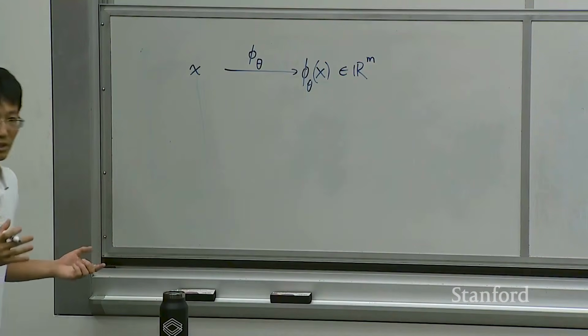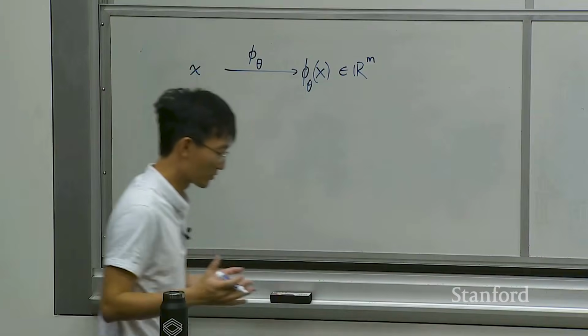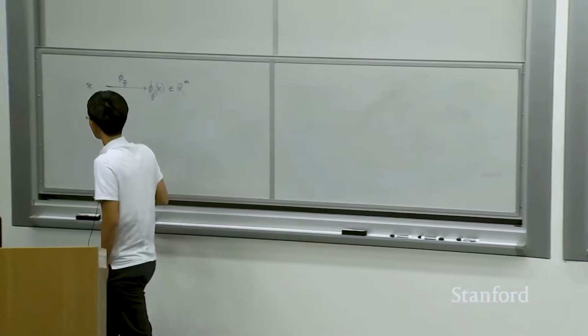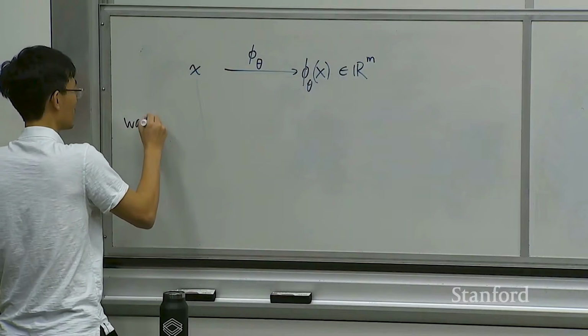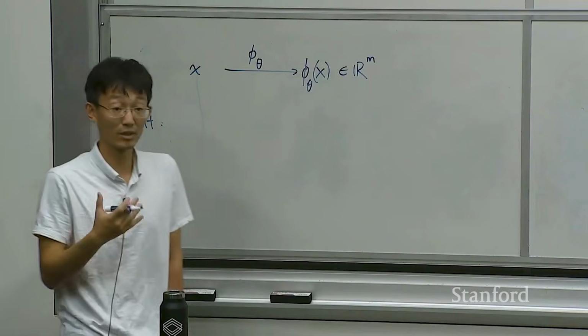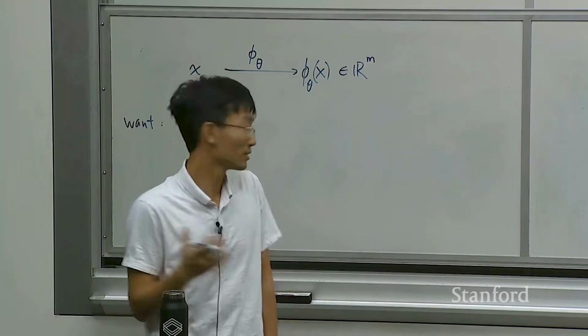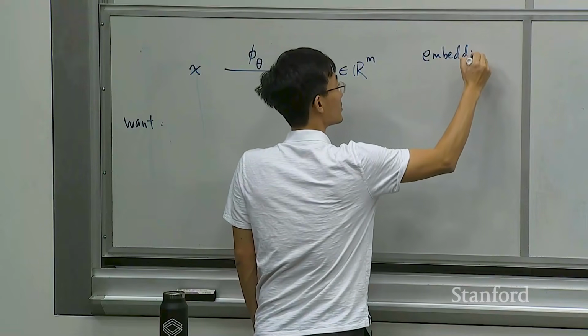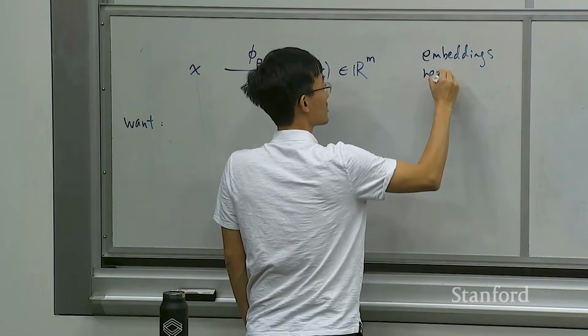So every image is mapped to a vector, every sequence of text can be mapped into a vector, and so forth. What you really want is for similar images to be mapped to similar embeddings. By the way, this is often called embeddings. Sometimes it's called representation.